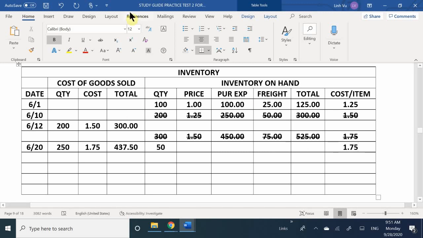But what was my 525 minus my 437? $87.50. Good.